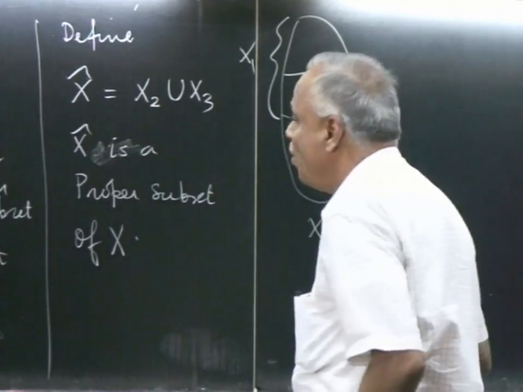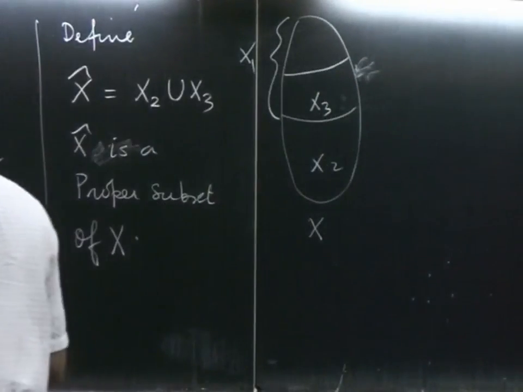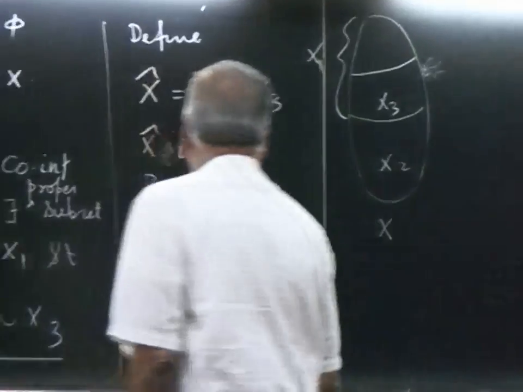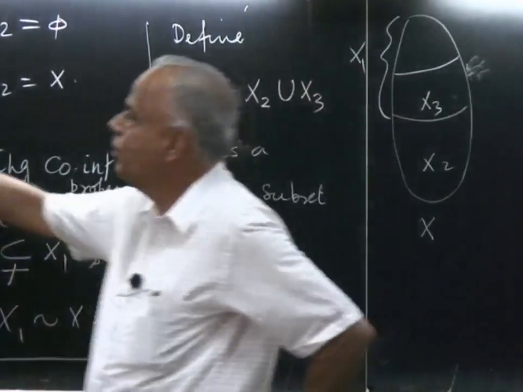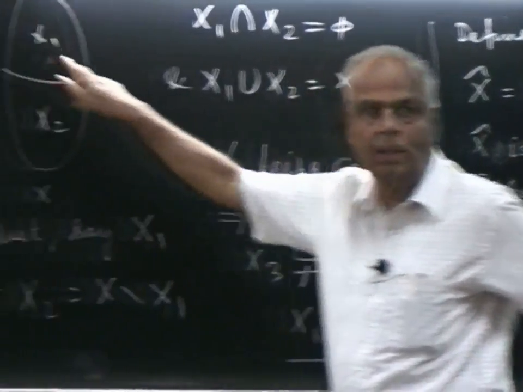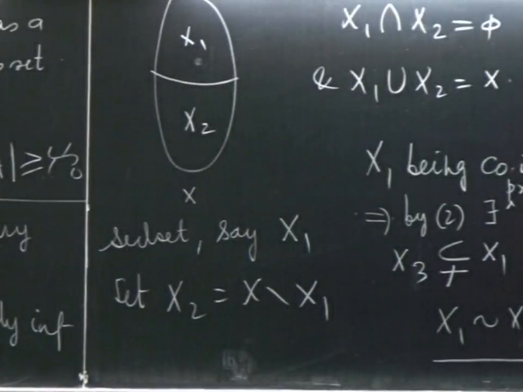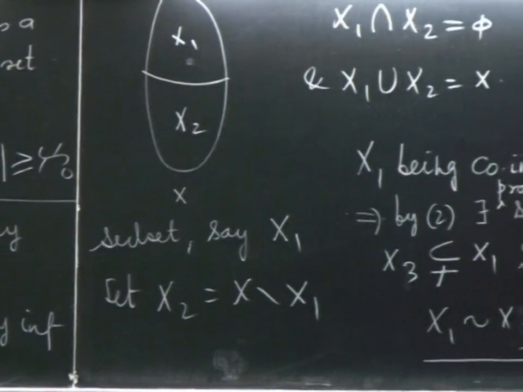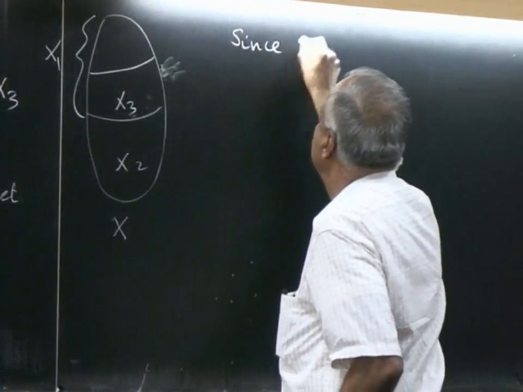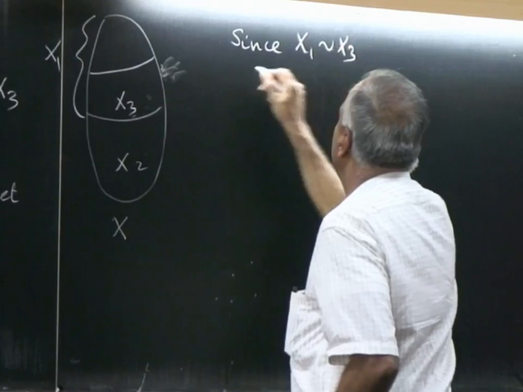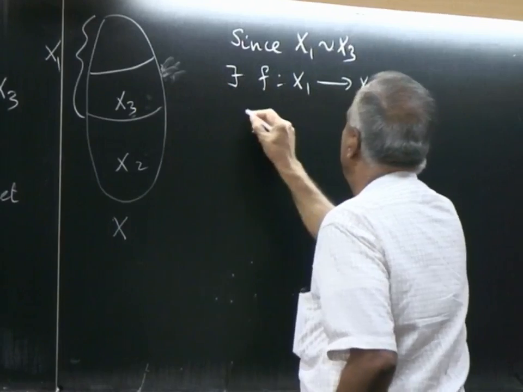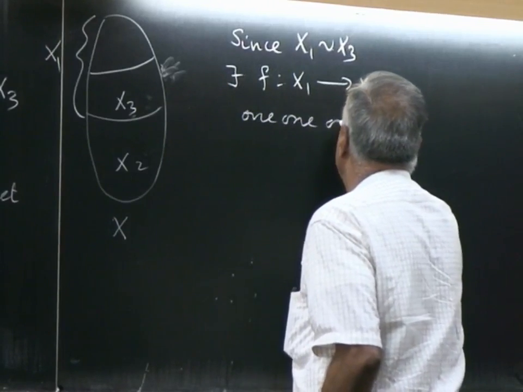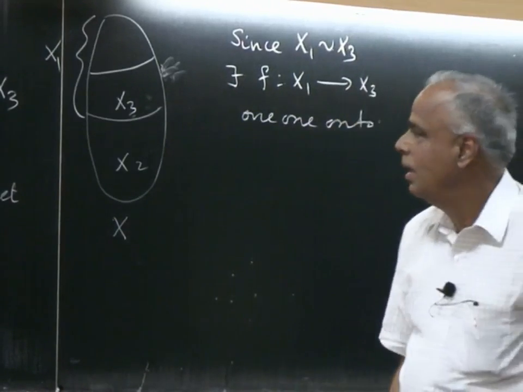Now what do I know? First of all, I know that X1 is equivalent to X3. So I must have a function from X1 to X3 which is 1-1 and onto. Since X1 is equivalent to X3, there exists a function f from X1 to X3, 1-1 and onto.